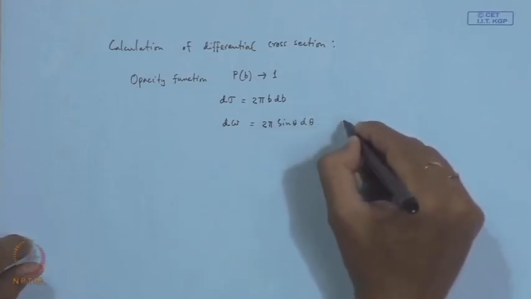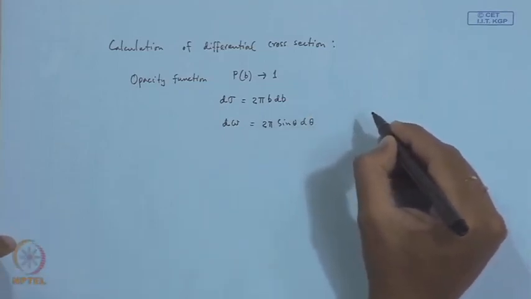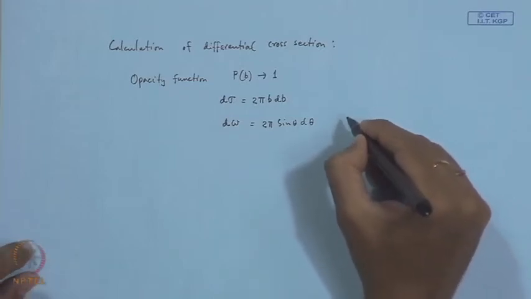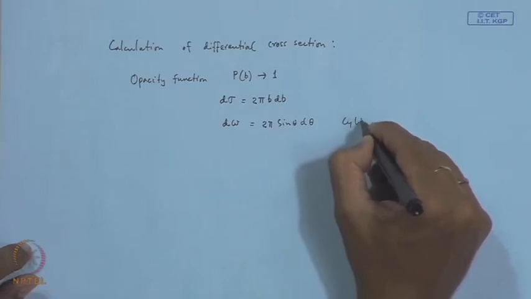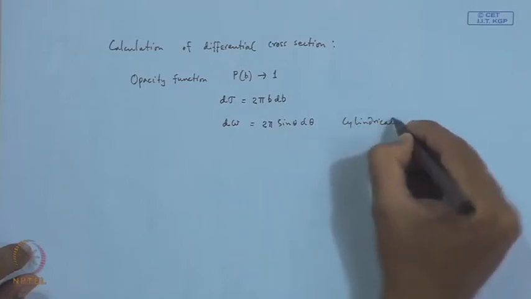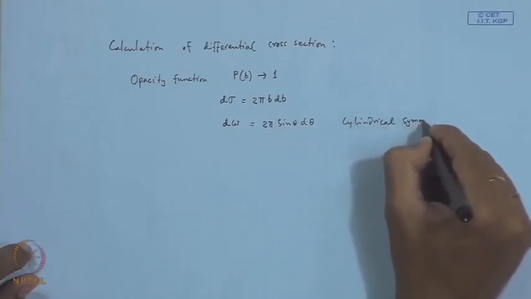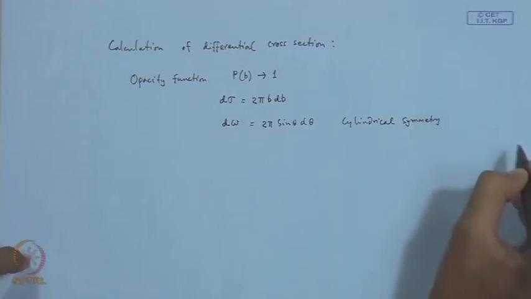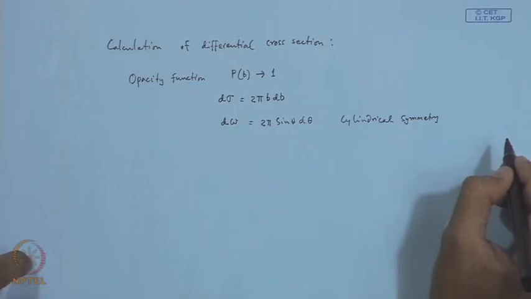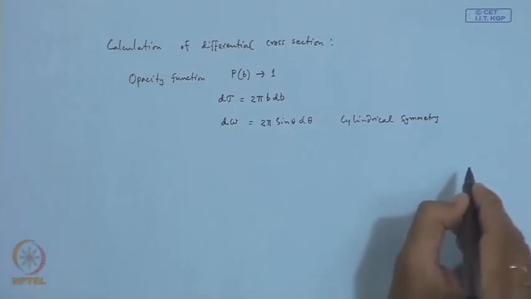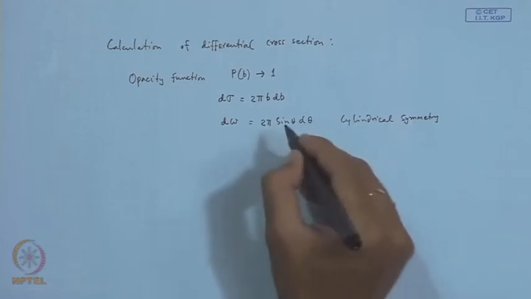So, assuming scattering to be of cylindrical symmetry, the solid angle element d omega will be written as this.